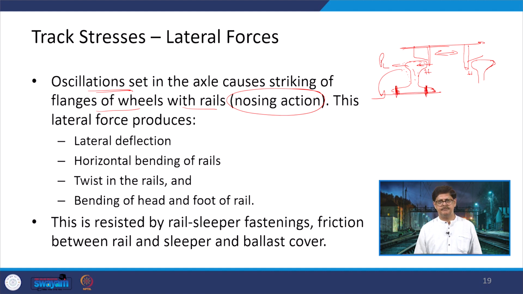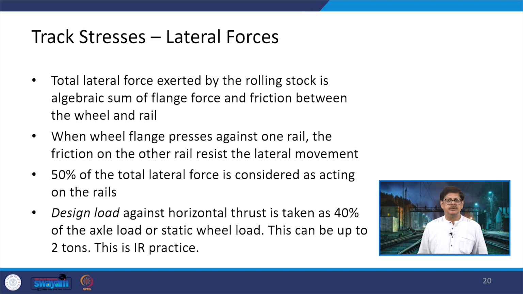They are the fastenings being provided, or the friction between the rail and the sleeper, as well as the ballast cover. All of these things are going to try to keep the system in place. Now, this total lateral force which is exerted by the rolling stock is the algebraic sum of flange force and the friction between the wheel and the rail. That means you have to consider it with respect to their nomenclature.